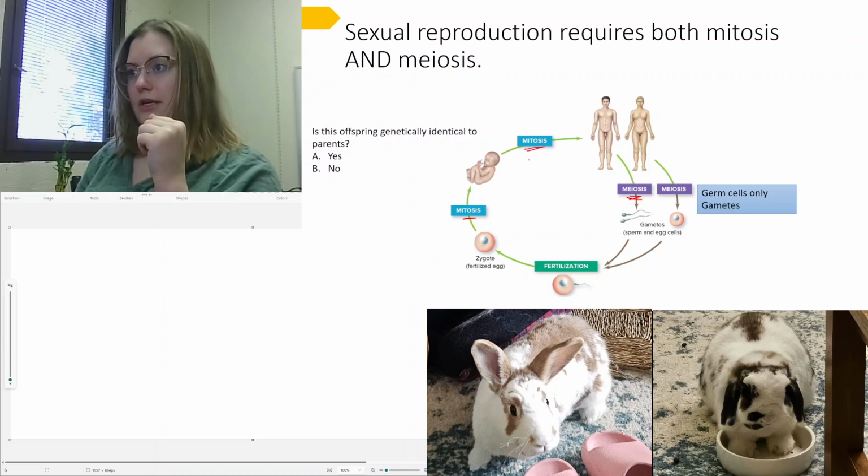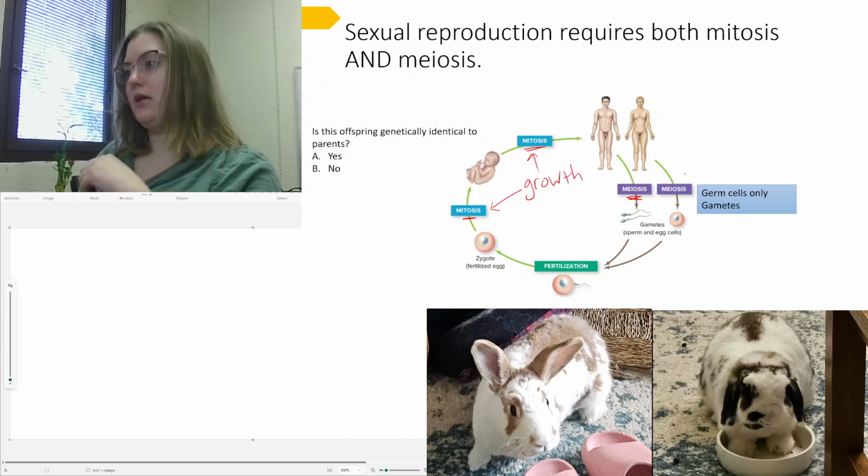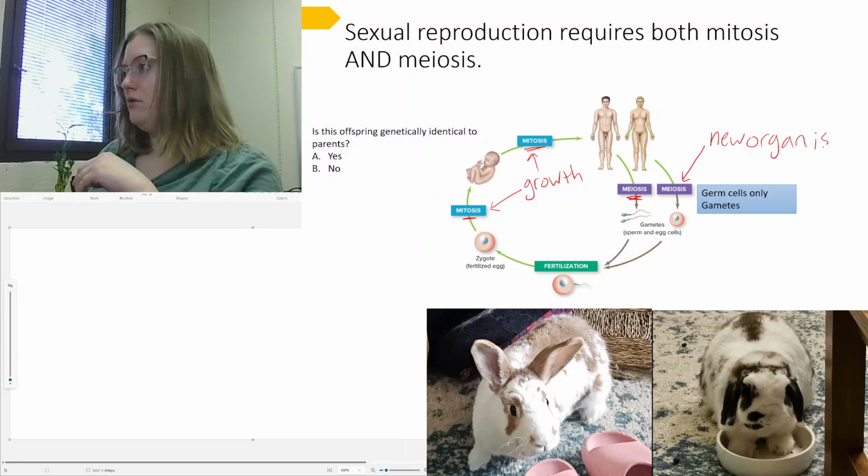So these two mitosis sections are an example of growth, like we talked about on the last slide. And over here, this is an example of a new organism.